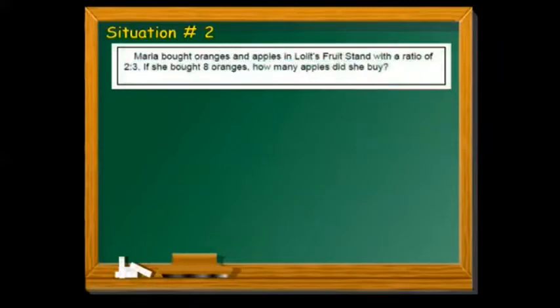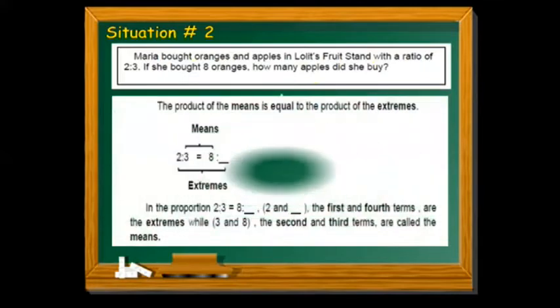Maria bought oranges and apples in Lolit's fruit stand with a ratio of 2:3. If she bought 8 oranges, how many apples did she buy? Okay, ayan yung ating nawawala. Nawawala is yung pangalawang, the fourth term. The product of the means is equal to the product of the extremes. So ang means natin is 3 and 8, and then extremes natin is 2 and the missing number.